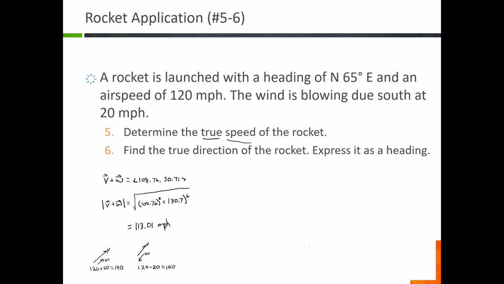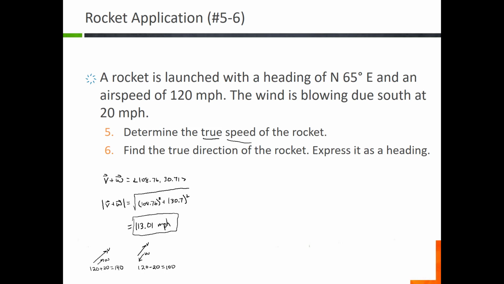So we have 120 miles per hour minus the 20, and that gives us 100. Looking at the answer we found, it turns out to be somewhere in between. Again, that's not a perfect proof that we have the right answer, but had we come up with a number that was not between 100 and 140, then we know for sure that we made a mistake somewhere. So that answer does seem reasonable.